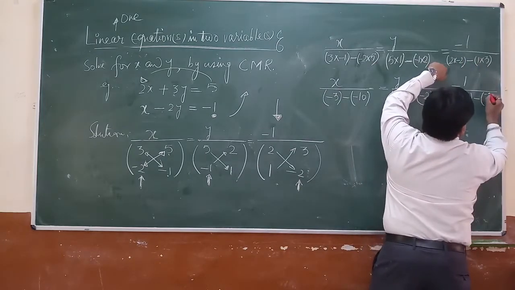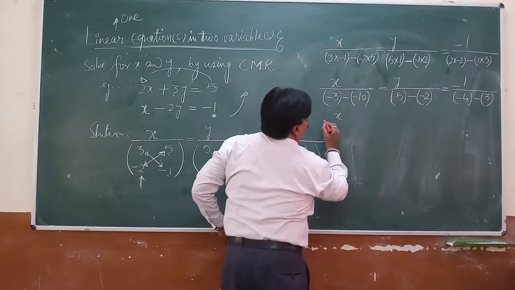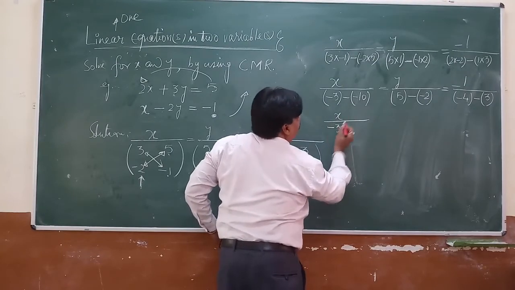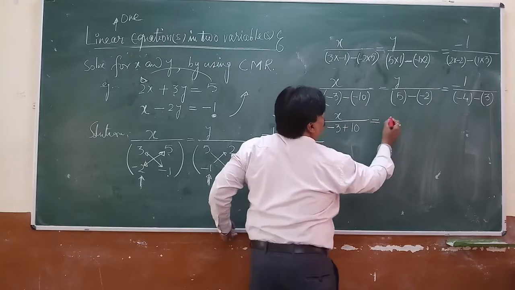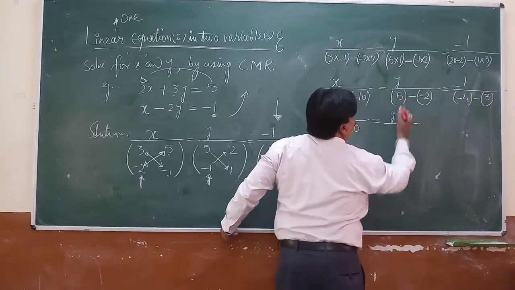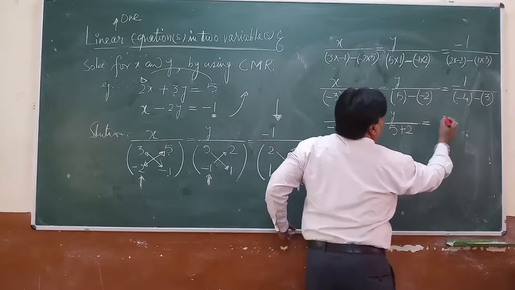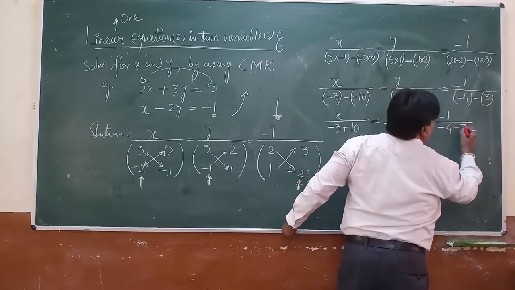Minus 1 into 3 is 3. See, this is your x over minus 3. Now you must remove this bracket. Minus 3, this is minus and minus 10 become plus, is equal to y over 5, minus into minus plus 2. Here is minus 1 over minus 4 minus 3.